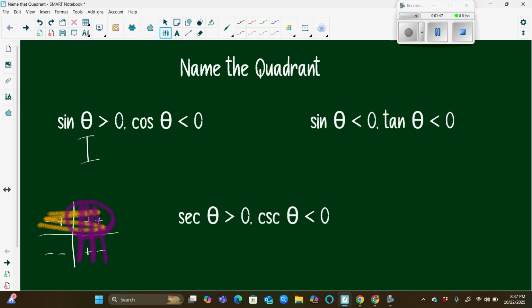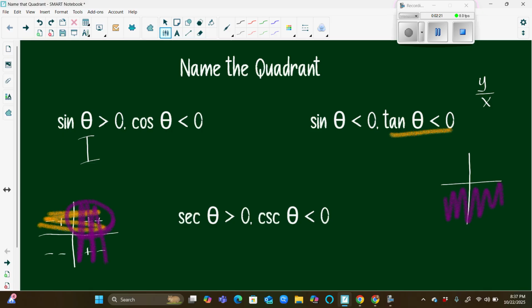All right, next example. Sine theta is less than 0, tan theta is less than 0. Again, I'll draw another grid over here. We know sine is less than 0, so that is where sine is negative, below the x-axis. Now, tan can be a little bit more tricky, but it's not that difficult. Tan is going to be negative when x and y have different signs, because if you remember, tan is y over x.